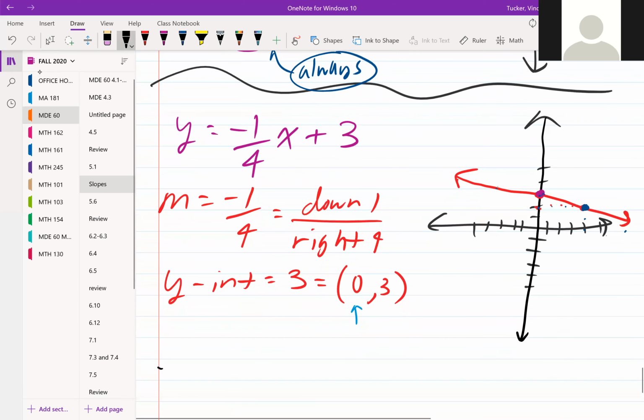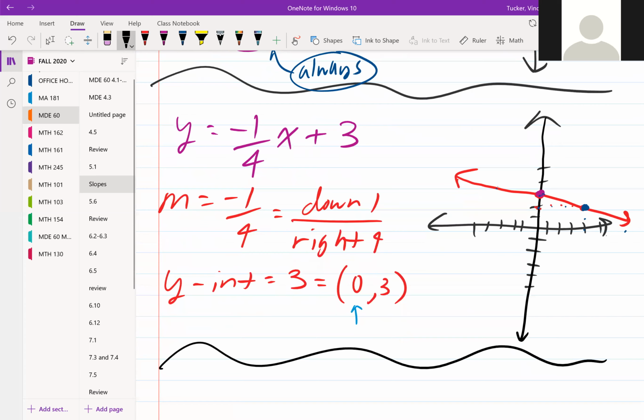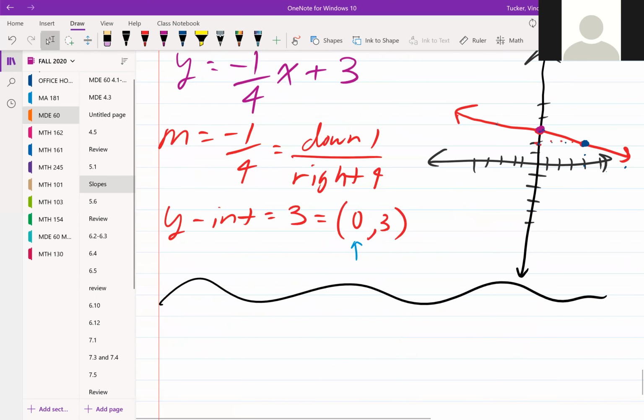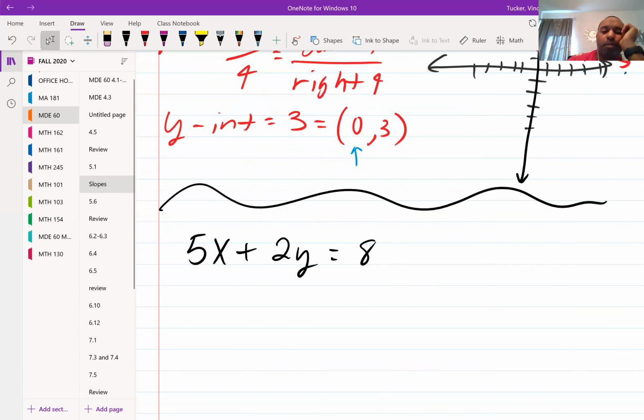Okay. Let's do another one. So let's say I have 5x plus 2y equal to 8.